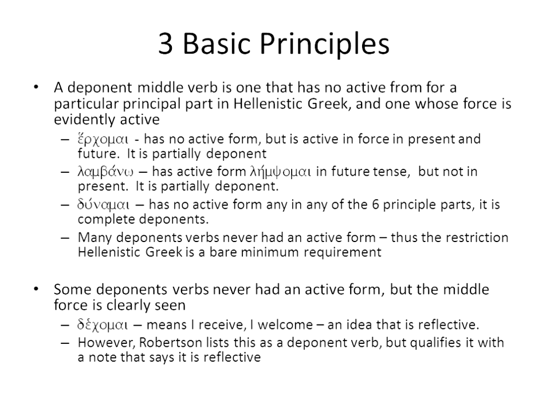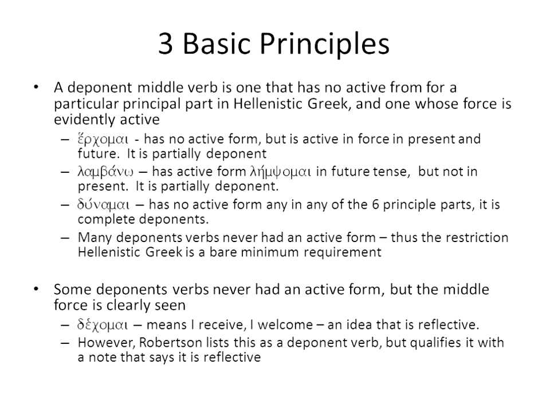Another is lambano, which has an active form in the present tense, but it has an omai form in the future tense, which means it has no basic active form in the future tense. It's again partially deponent. And dunamai, which has no active form in any of the principal parts. It is always deponent. It is completely deponent.